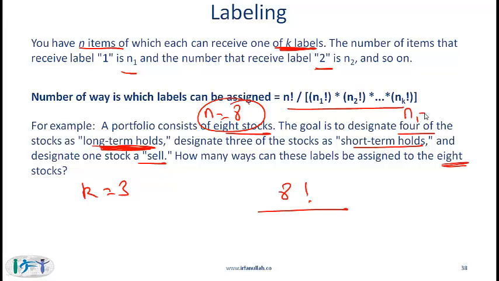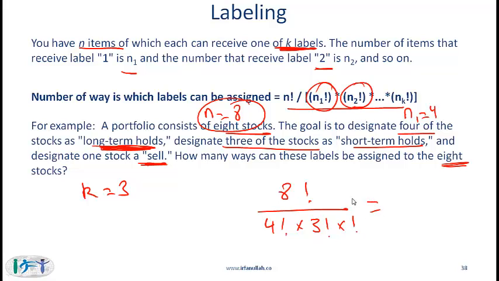So n1 is equal to 4, and that is this item over here. So divided by 4 factorial multiplied by n2 factorial. The second label is short-term holds, and we need to designate 3 stocks under this label. That is the n2 factorial. So we say multiplied by 3 factorial. And then the third label is sell. Only 1 stock needs to be under this label, so we multiply by 1 factorial.